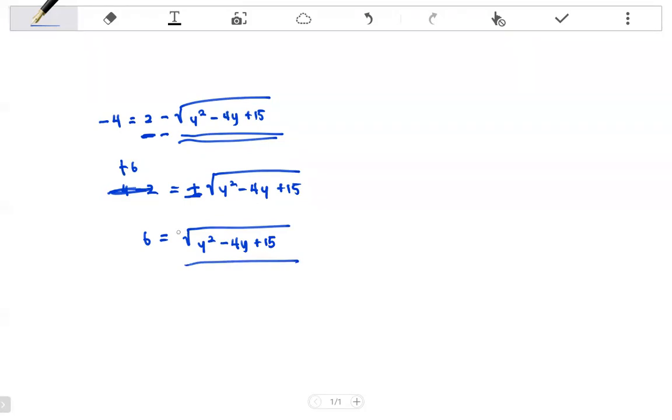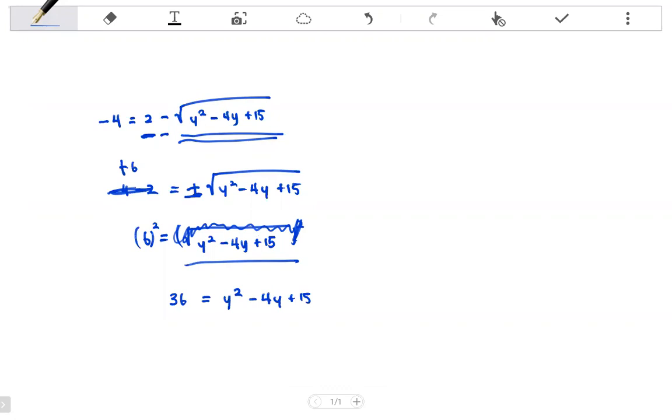Now we can raise to the power of 2 on both sides. If we raise this to the power of 2, the radical disappears along with the square, leaving just y squared minus 4y plus 15. On the other side, 6 squared is going to be 36.